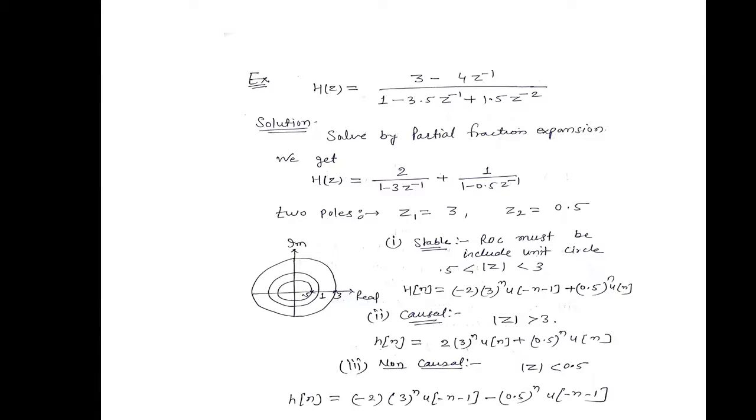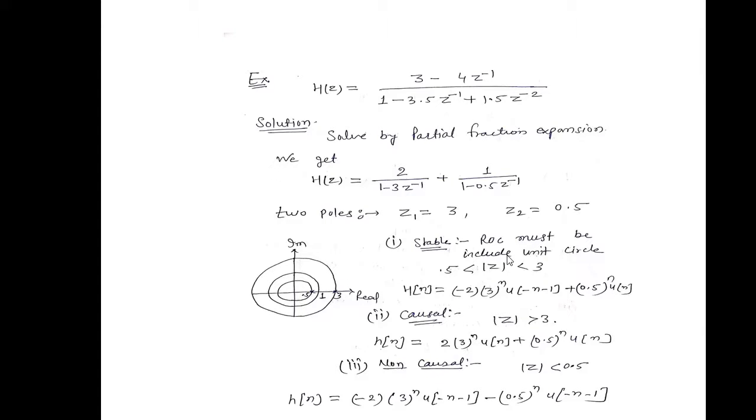You can easily solve for the constants A and B. There are 2 poles, the first is at 3 and the second pole is at 0.5. So we can draw the ROC with z = 3 and z = 0.5. This is 0.5, this is the unit circle 1, and there's a pole at 3.